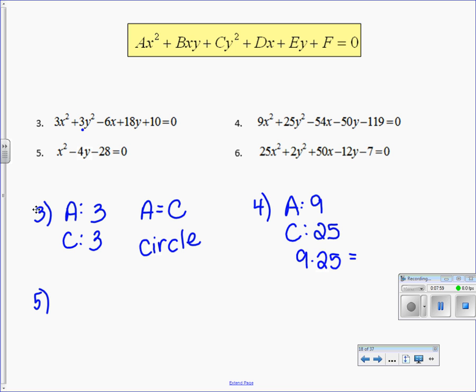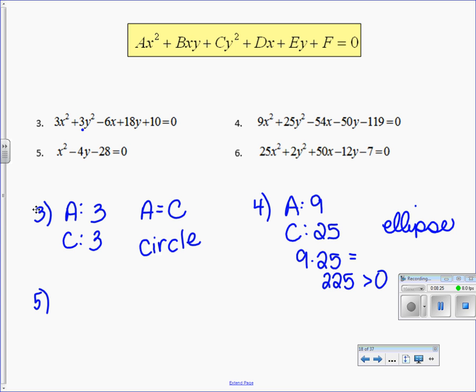You always multiply them unless they're the same, because then they're a circle. So this I can multiply. This is going to give me a positive number. So I'm going to end up with 225. And so 225 is definitely greater than 0. So that tells me that since it's greater than 0, this is an ellipse.